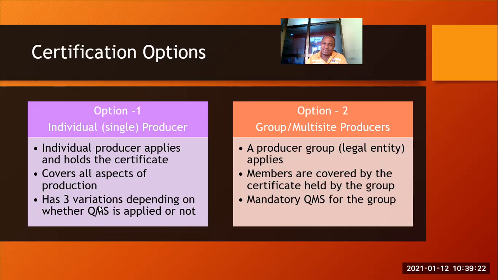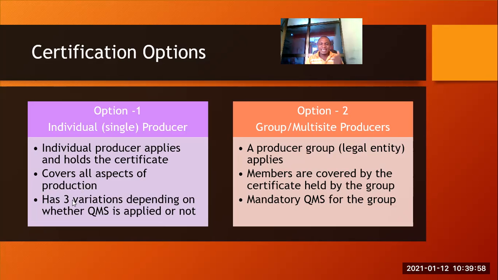So when we say quality management system, these are internal rules and regulations which will be developed in accordance with GlobalGAP requirements and which will be applied to the different entities. So LATC can develop an internal quality management system which applies to the various independent entities that are within the group. So in this case, when that happens, you are option 1 with multi-site and quality management system.